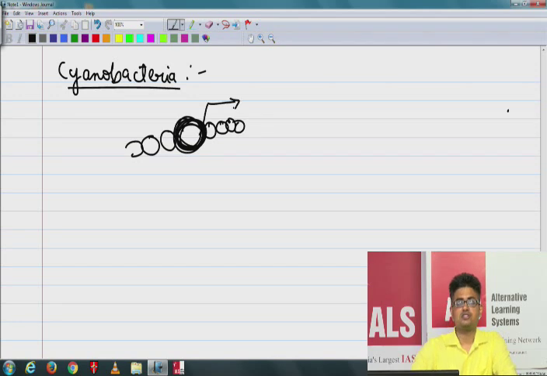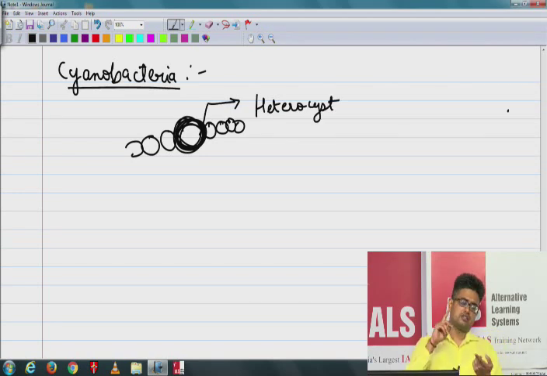You remember the name of this cell? Heterocyst. Okay, just trying to make you remember. Heterocyst. Okay, so this has been covered. Cyanobacteria play an important role in nitrogen fixation in the soil. Nitrogen is fixed, they make the soil more acidic. Okay, so these things happen.